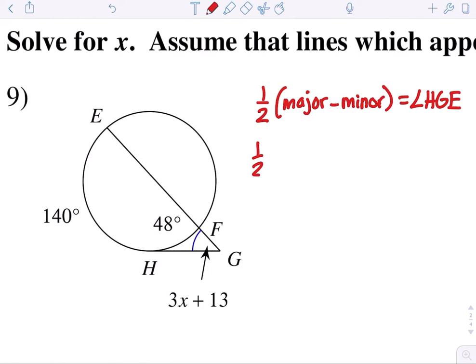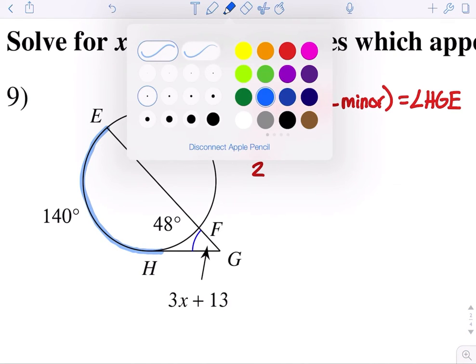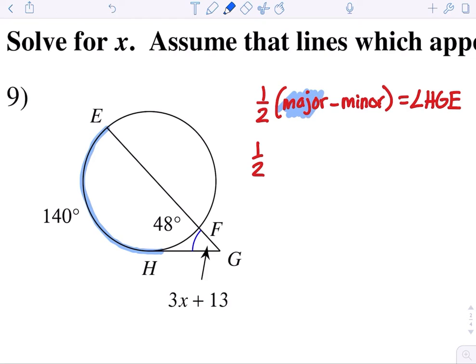So the major in this problem is there. Oop, that's the major. And the minor is right there. All right, so 1/2 the major is 140 degrees, minus the minor, which is 48 degrees, and the angle measurement that they gave us is 3x plus 13.